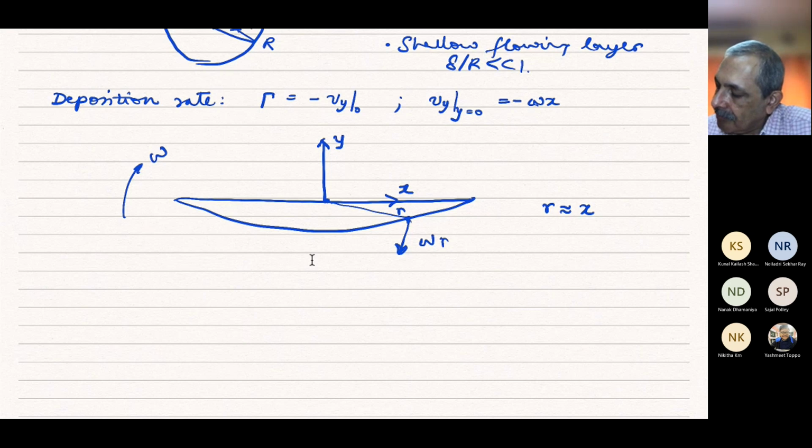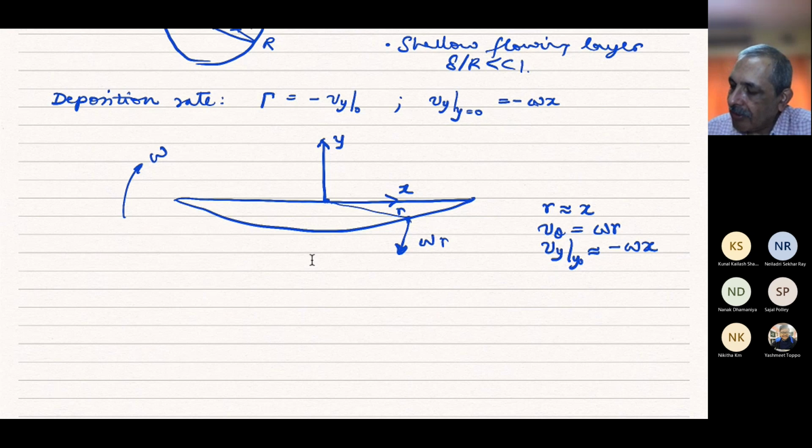And so we have v theta is equal to omega r. And so that gives us that Vy at y equal to 0 is approximately equal to minus omega times x. So this is how I got this.